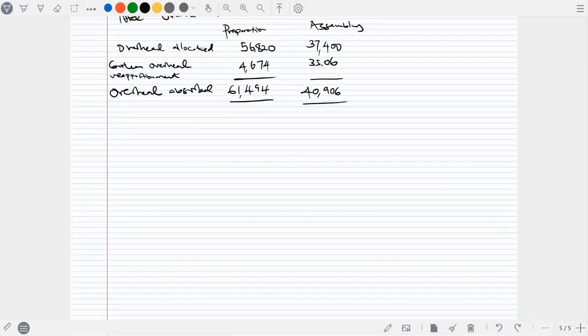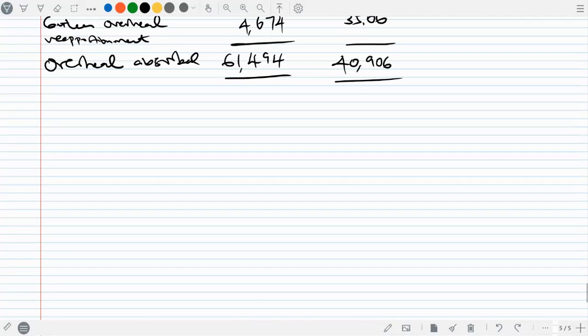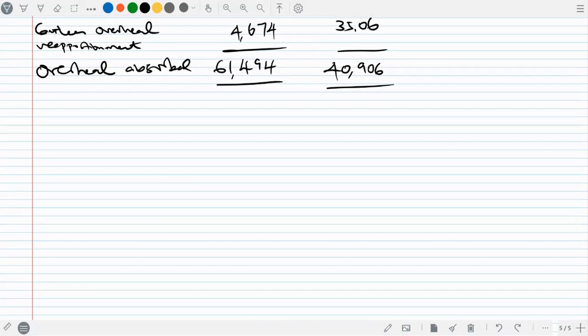That is just the beginning bit: to determine the overhead to be absorbed for each of the departments.